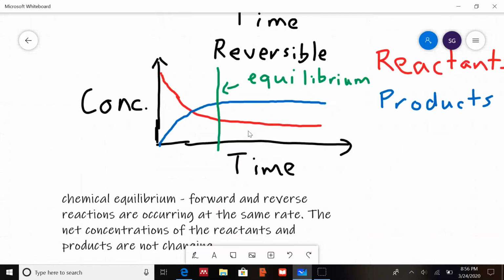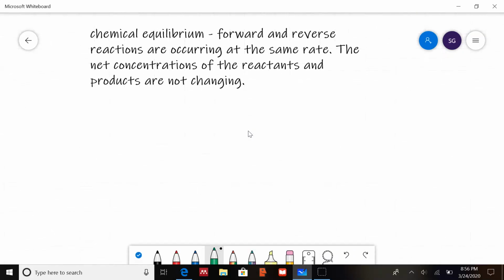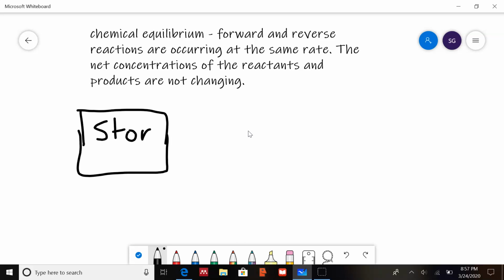So an analogy for this would be, imagine a grocery store in the morning, when it just opens. Well, when it just opens, you're going to have some customers that are entering the store to get their groceries.